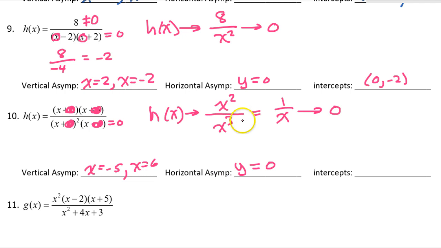Okay, now for the intercepts, I can get the y-intercept by letting all the x values be 0. So if these are all 0, then in the numerator, that's going to give me 10. In the denominator, well, 5 squared, so that's 25 times 6.